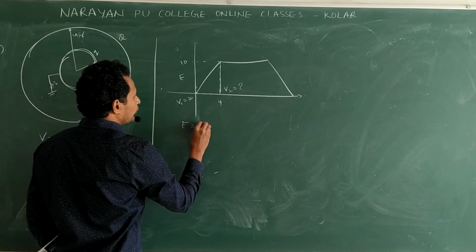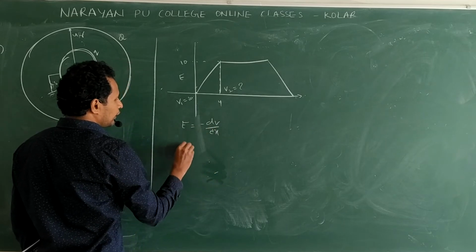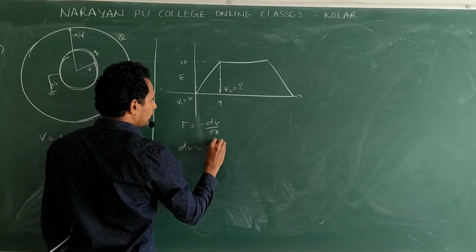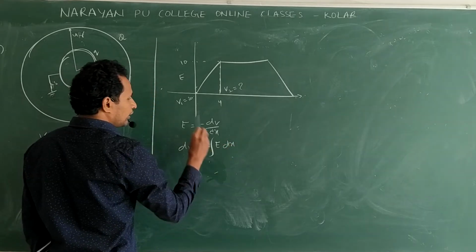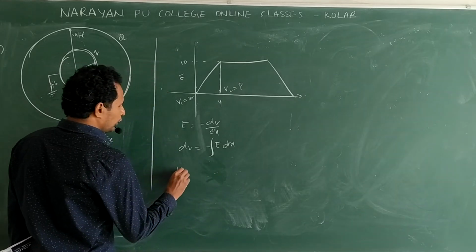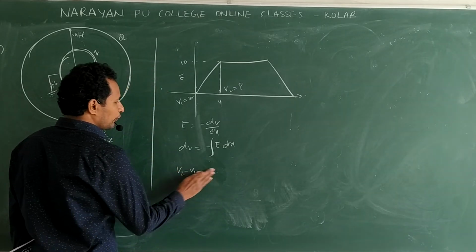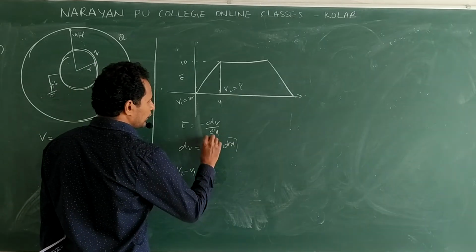E is equal to minus dV by dx. This we can write as dV is equal to minus E dx. Clear? Now integrate. V2 minus V1 is equal to, if you do this, we will get the area.